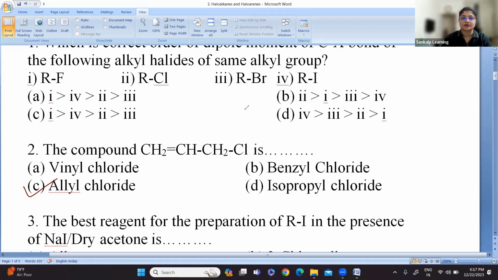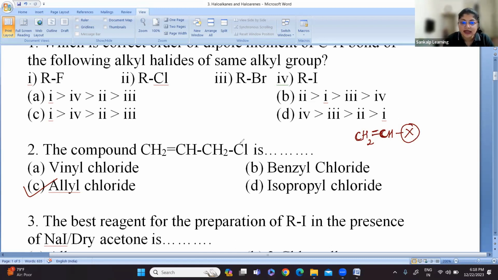So vinyl chloride means the compound in which the halogen atom, so this is the halogen atom, is bonded to a sp2 hybridized carbon of a C=C double bond. So this is the meaning of vinyl chloride.